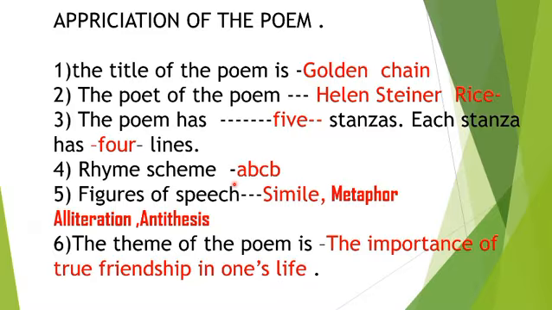Sorry, the rhyme scheme of the poem is A, B, C, B. Figures of speech used in this poem: simile, metaphor, alliteration and antithesis. The theme of the poem is the importance of true friendship in one's life.